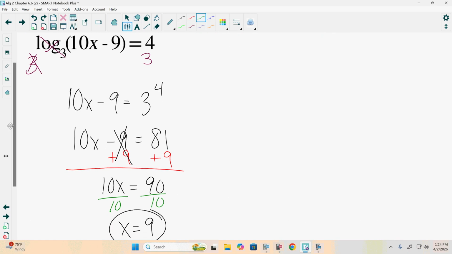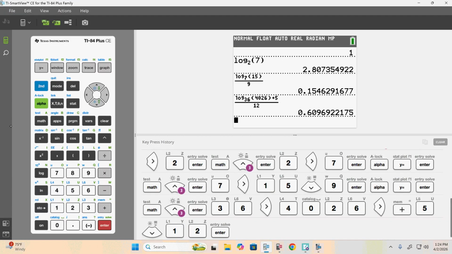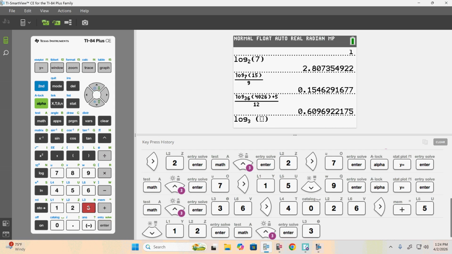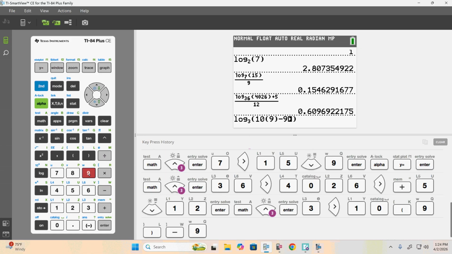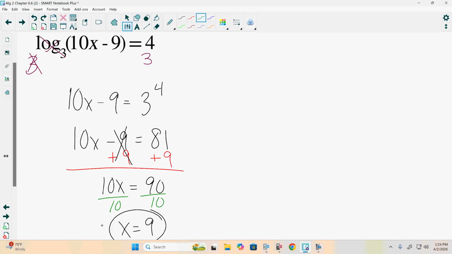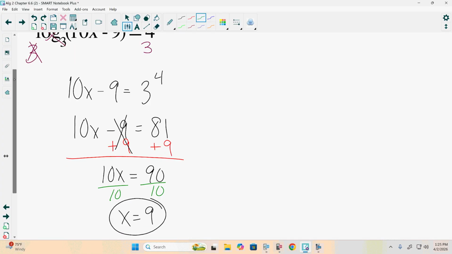That's fine, because if I wanted to grab a calculator, I could say math log base 3 of 10 times 9 minus 9, and it does indeed give us 4. If it didn't, or there was an error that occurred, it would tell us domain error. It will throw that error out.